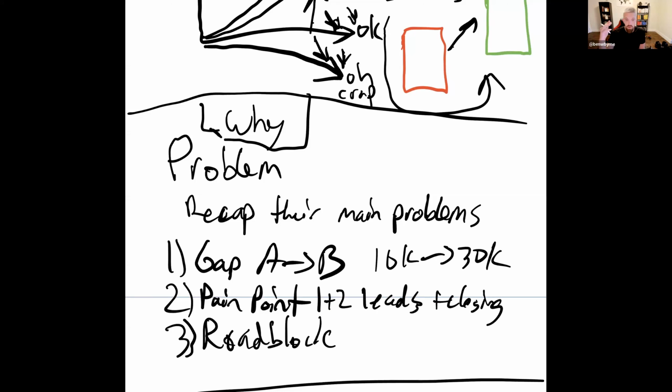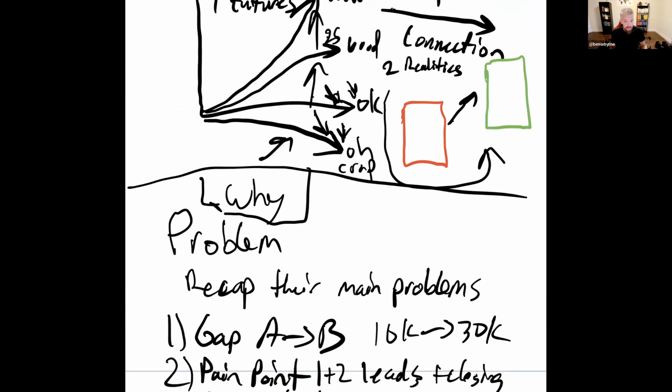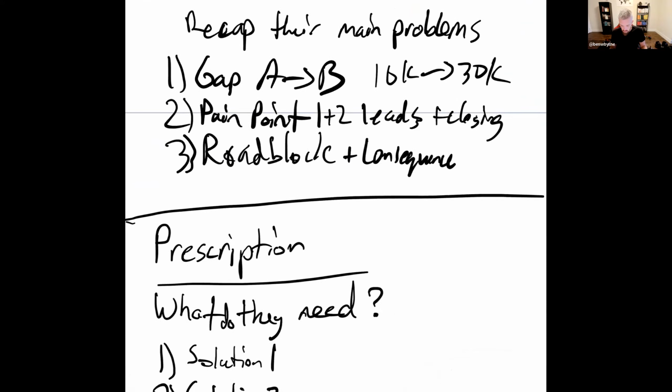You tried to do that, it didn't work. You have this roadblock plus consequence, right? Ultimately, you feel that if you don't fix your lead and your sales, you might have to go back to your oh crap reality, which is a corporate job, working for a boss that hates you, maybe not hates you, but you're not happy doing it, and you're not willing to accept that, right? And they go, right.